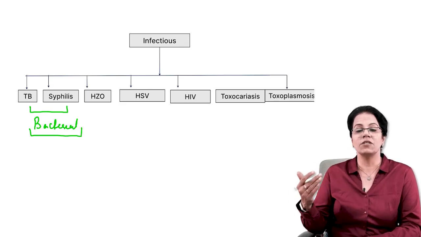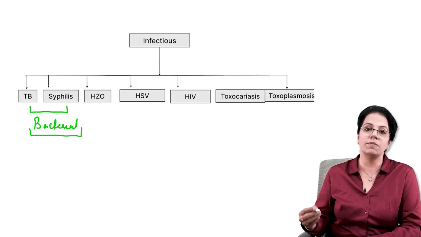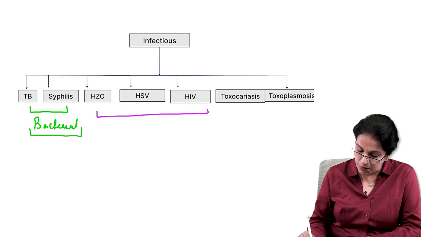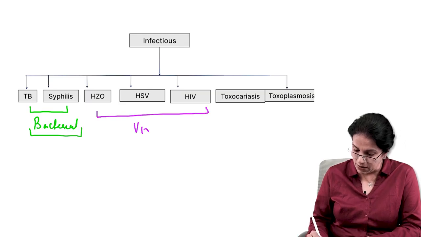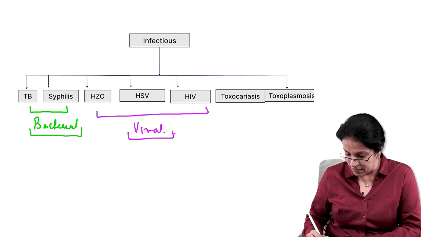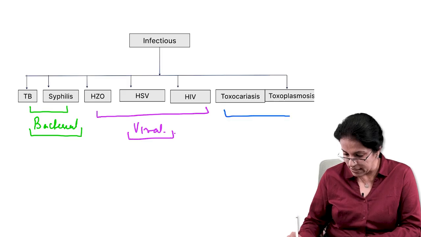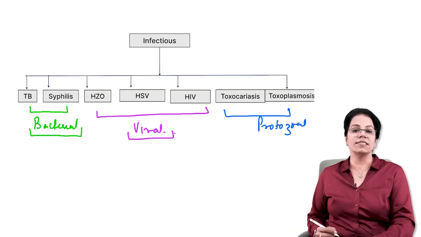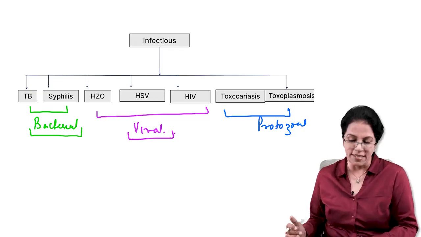Sometimes intermediate, but generally not posterior. So, we generally learn TB and syphilis. Coming to viral causes, of course, both the herpes and HIV are the viral causes, and the protozoal or parasitic causes, we will learn as toxocariasis and toxoplasmosis. Okay. So, these are the different causes for posterior uveitis.